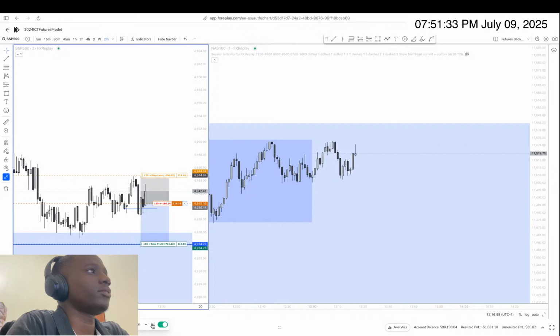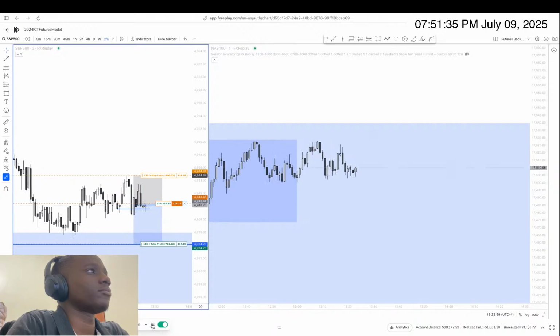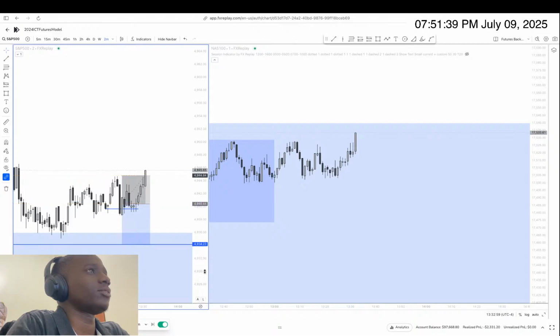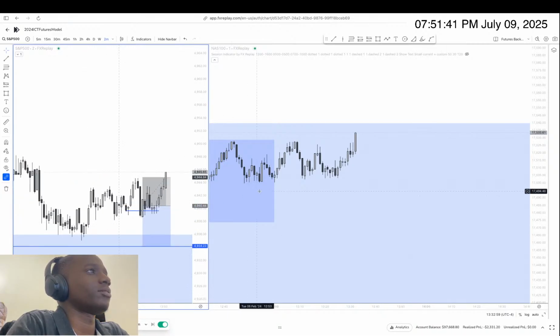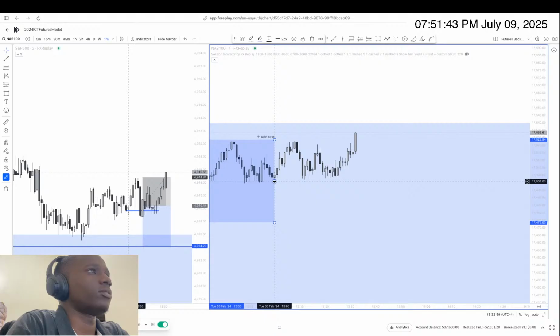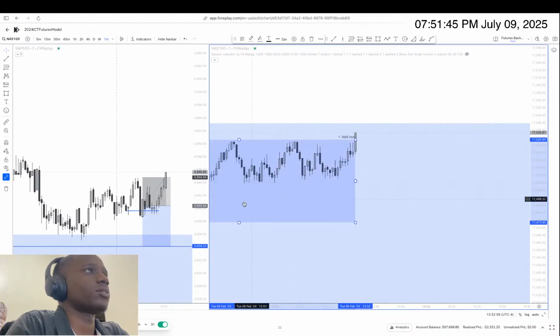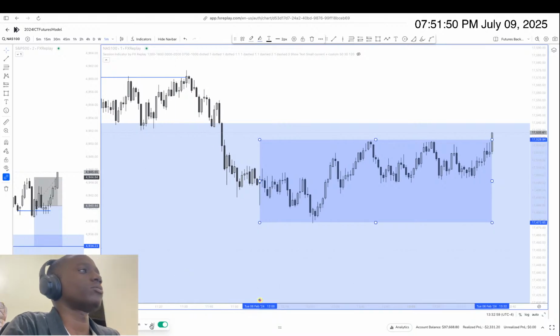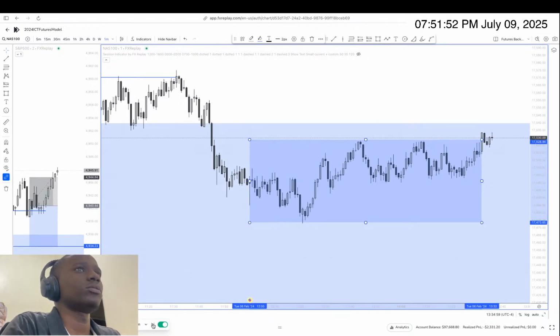Let's see what happens. So it consolidates around entry and stops us out. Meanwhile for NAS, it takes out the lunch high, and by the looks of it we might continue with the drop.